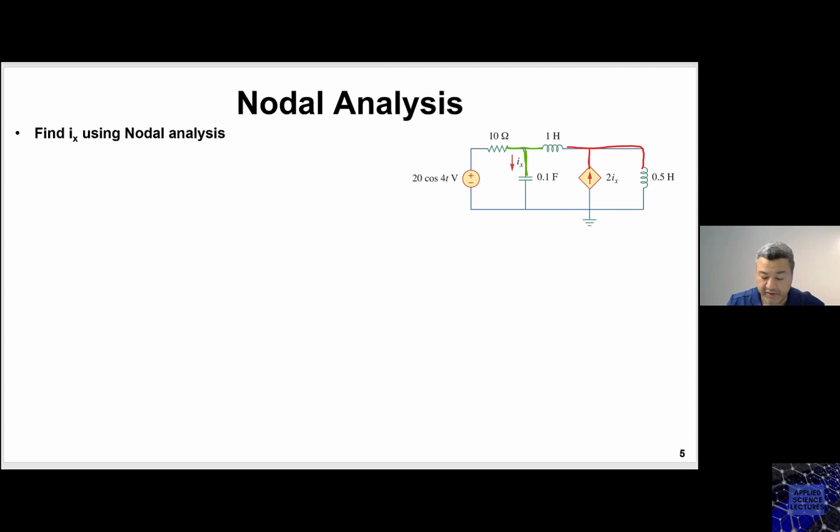I have this node, and the orange here, this node. So I have 1, 2, 3, 4 nodes.